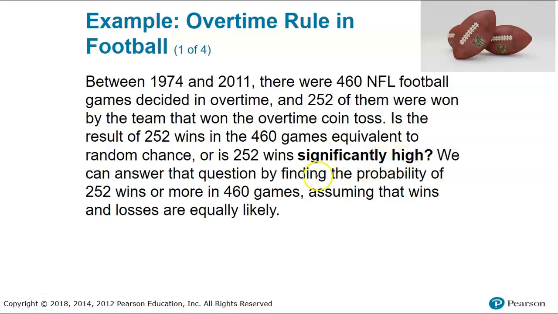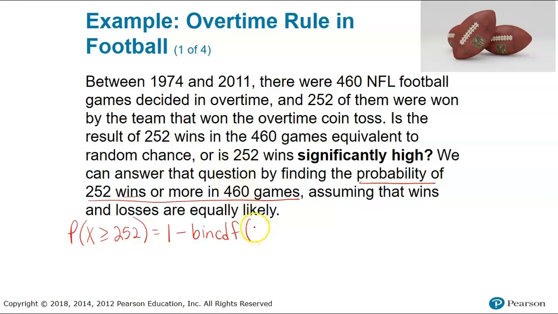So in order to answer this, we want to find the probability of 252 wins or more in 460 games. So the probability that the number of wins is 252 or more. So greater than or equal to 252. The greater than type problems, we're going to have to use the complement.